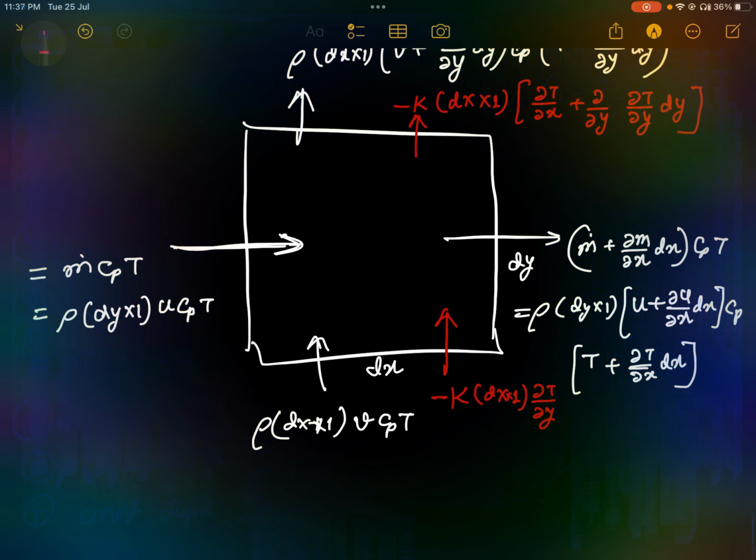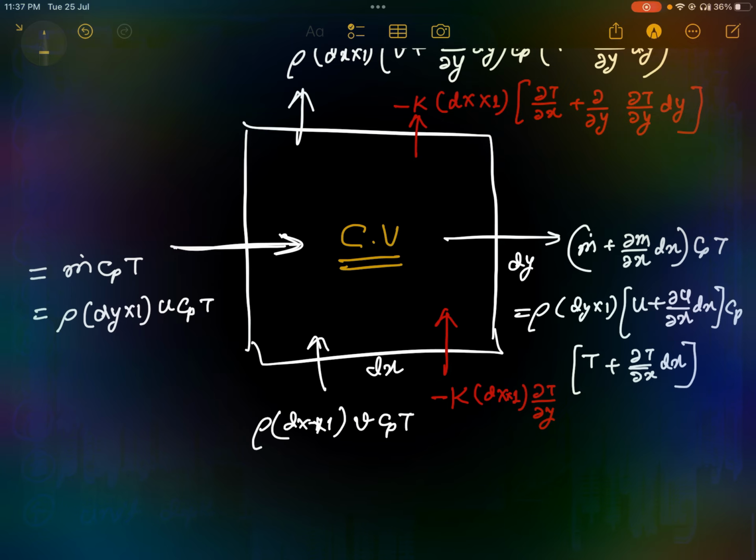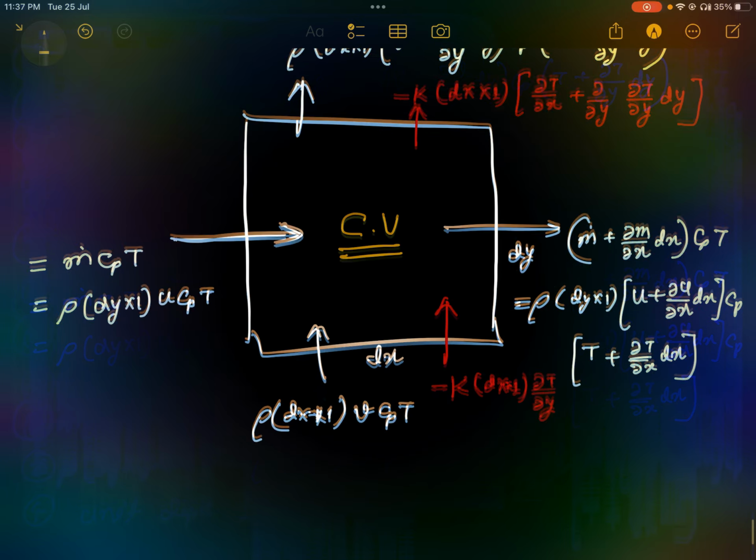Fine. So this is our control volume. We have equated all the energy interactions. Now, we'll balance all the equations.